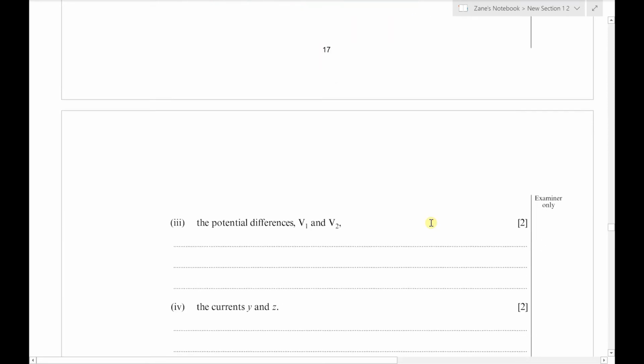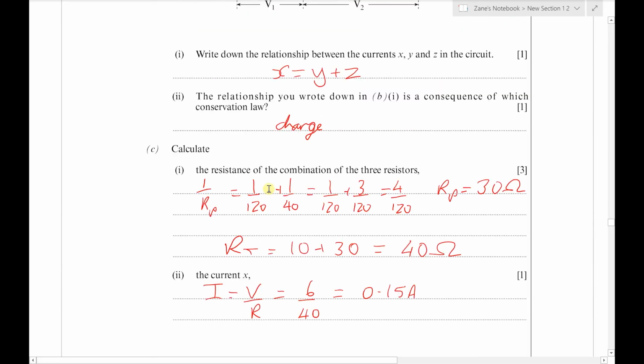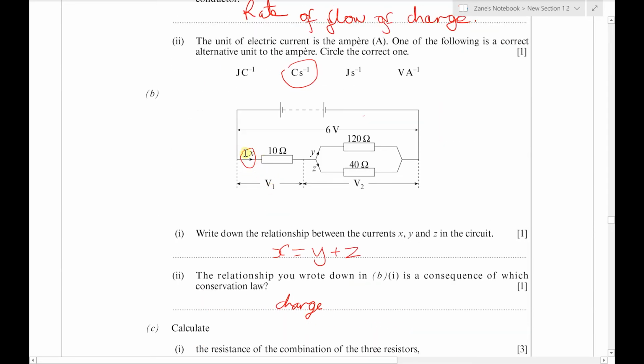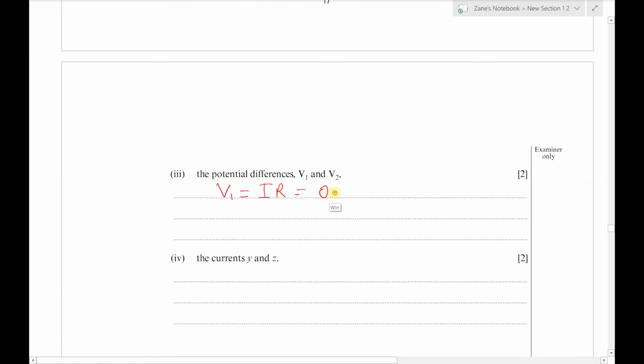The question continues by asking us to find the potential differences labelled as V1 and V2. So to calculate V1, we can use V equals IR. We know that the current for V1 is this current X passing through a 10 ohm resistor. So we have the current of 0.15 multiplied by 10 gives us 1.5 volts.